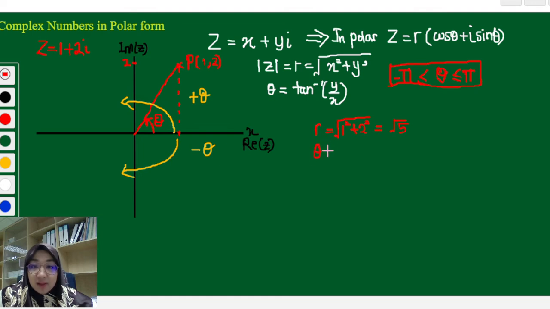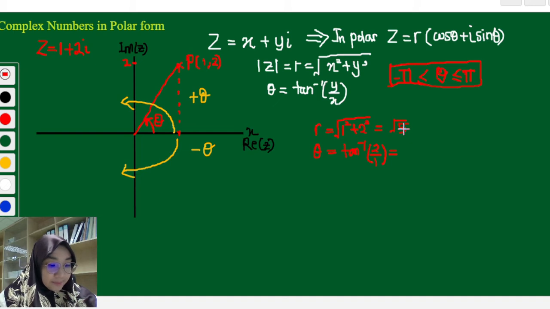So theta is equal to arctangent y, y tadi berapa? 2/1. Okay, arctangent. So kita calculate, kita akan dapat in radian. So usually we use radian, 1.1071. Right?